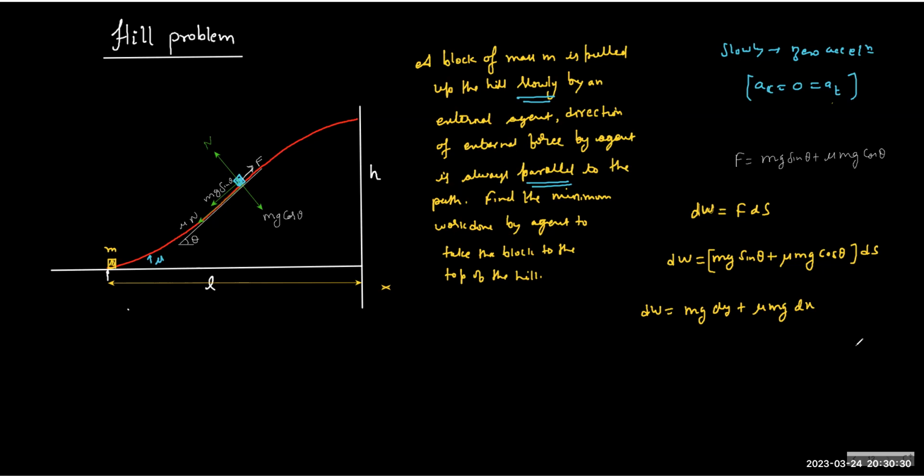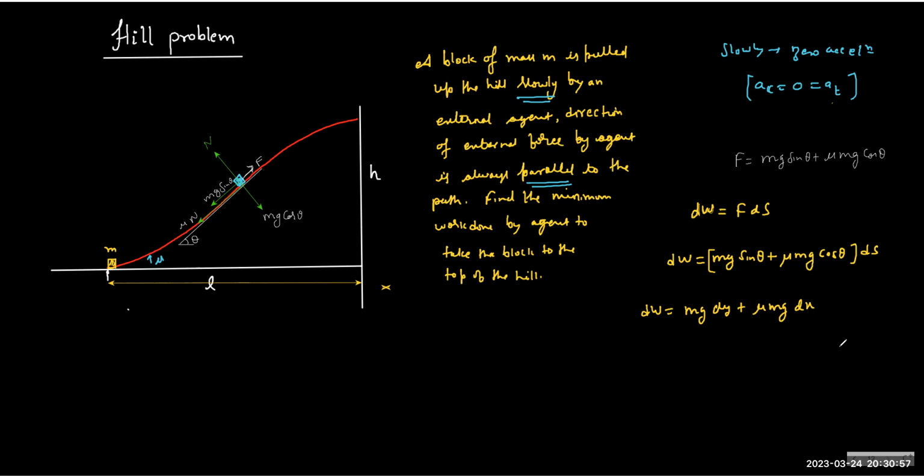Of course, mu mg is not coming out of nowhere. So it is as good as if a block is moving along the x direction, where normal is mg. And so the answer is coming that way. So in future, whenever it comes to solving a question of work done by kinetic friction, you can simply add mu mg into x displacement, provided the normal is only equal to mg cos theta.